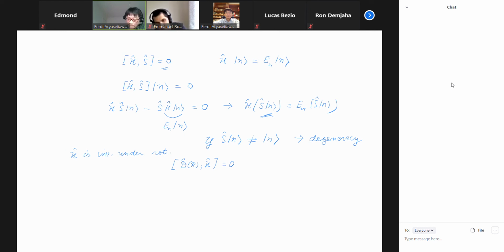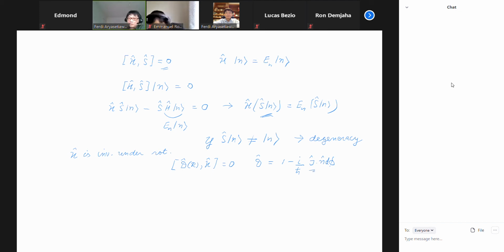So the rotation operator D, if we write it in terms of the generator, is given by 1 minus i over ħ J dot n times dφ. So that's the rotation operator.